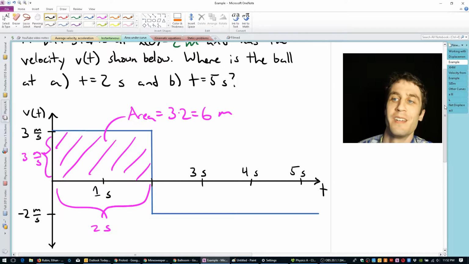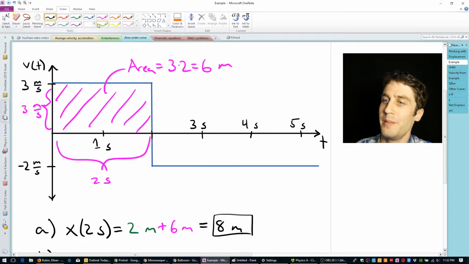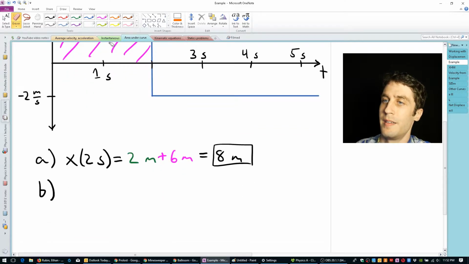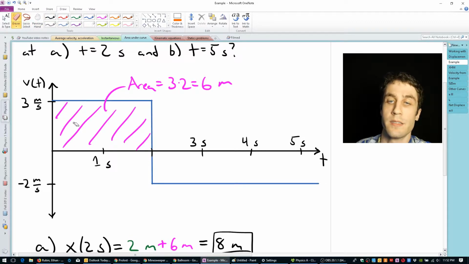Part B asked for the displacement after 5 seconds. Well, I'll clean this up a little bit. What you want to do is find the net area under the curve from 0 seconds to 5 seconds. That means we need to include this area up here.